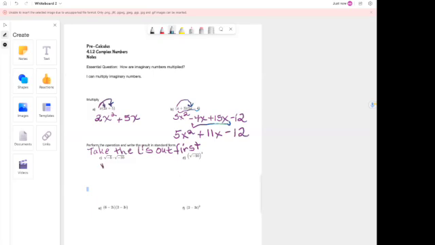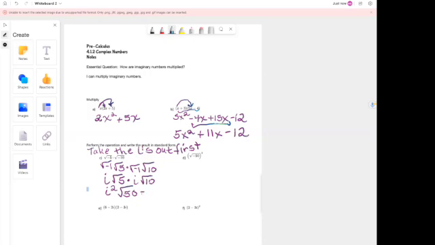I have square root of -1 times 5 times square root of -1 times 10. Square root of -1 is i times the square root of 5, times square root of -1 again is i times the square root of 10. We have i times i, which is i squared, times square root of 5 times 10, which is 50.